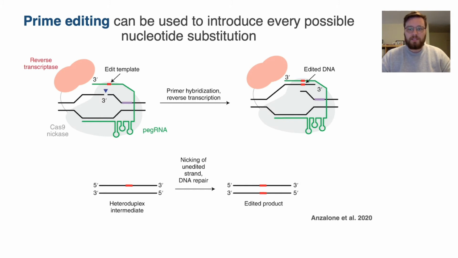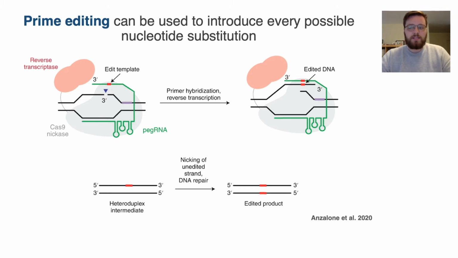And on that 3' extension is actually where you encode your edit of interest. So what happens is the Cas9 comes, it binds, it nicks the PAM-containing strand, which then hybridizes with that elongated 3' extension. The reverse transcriptase then reverse transcribes whatever you've encoded in that 3' extension into the genome. Through a series of repair steps later, you end up getting your edited product.